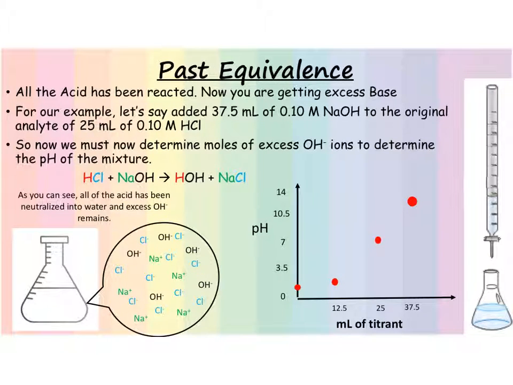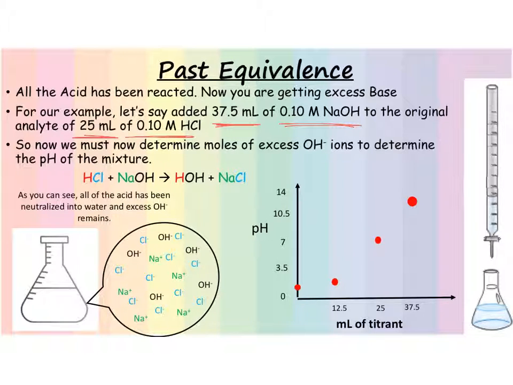Okay, now we're past equivalence. So past equivalence, all of your acid has reacted, and now you're getting excess base. So say you had 37.5 mL of the NaOH, and that's what you had put into the solution with the 25 mL of the 0.1 molar HCl.